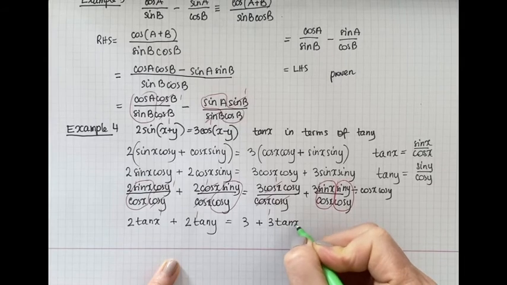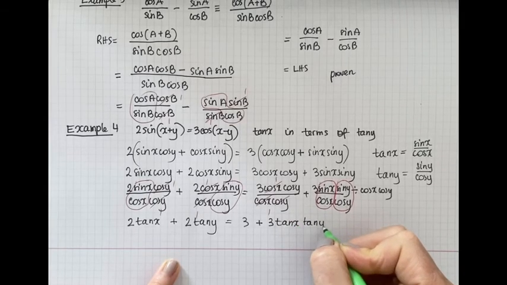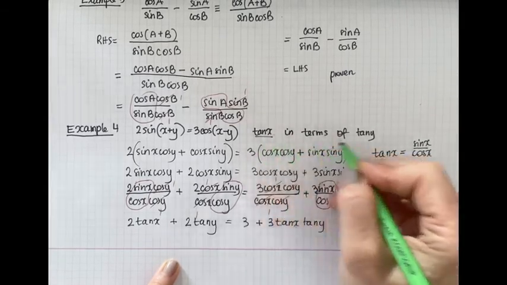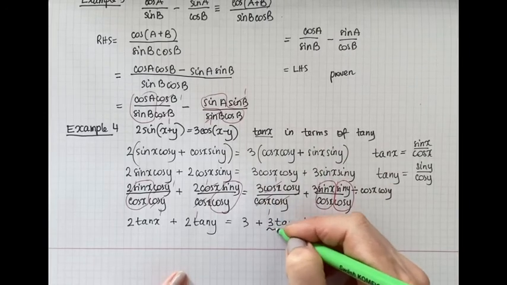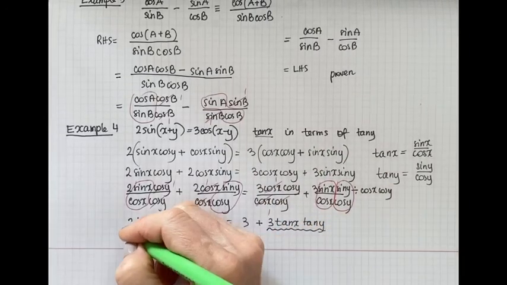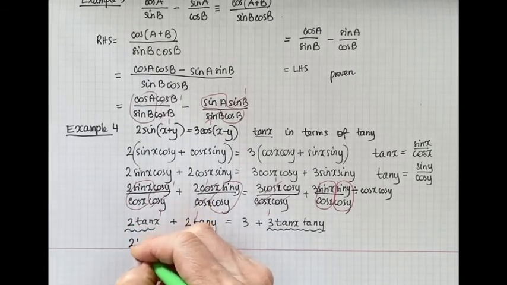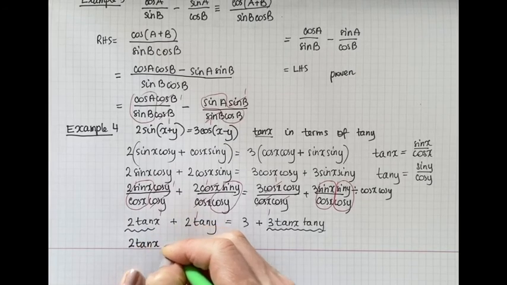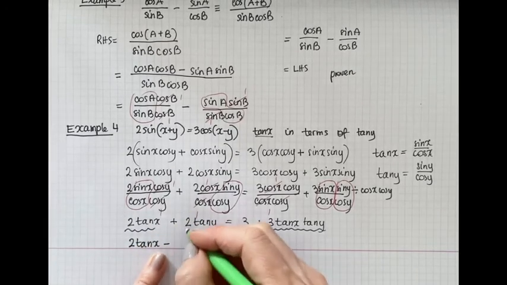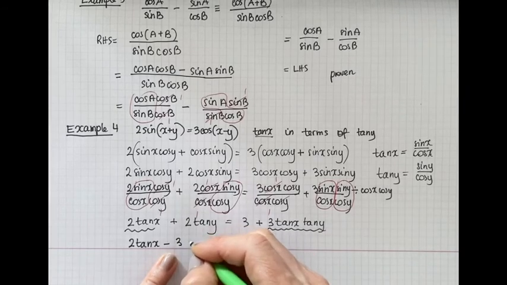Because we want to have tan x in terms of tan y, that means tan x needs to be made the subject of this expression. So anything with tan x needs to be shifted onto one side. So you've got 2 lots of tan x, and then you've got 3 tan y lots of tan x here.